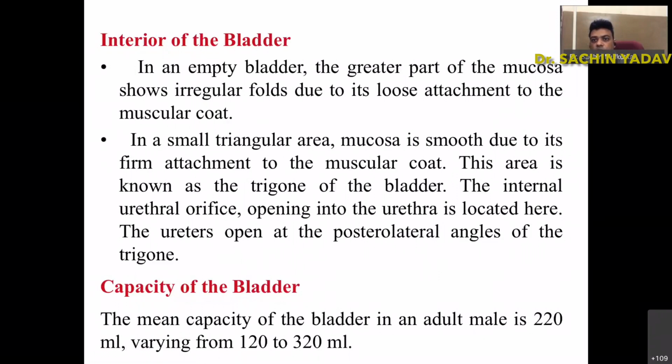So the ureteric and the urethral openings are at the angles of the trigone. So this trigone is a very important structure of the urinary bladder. And it is attached to the muscular coat because its origin is different developmentally from the other part of the bladder.